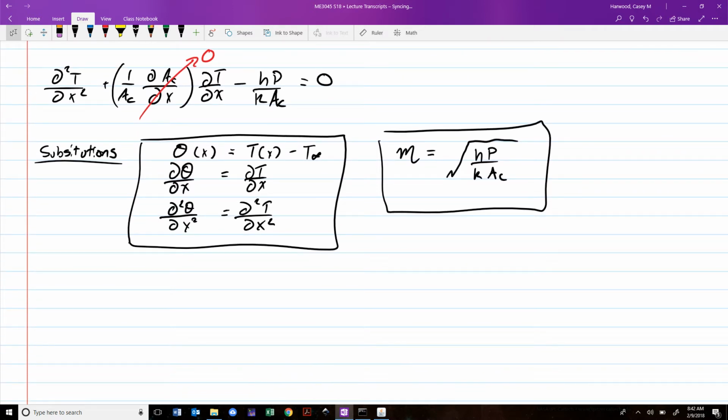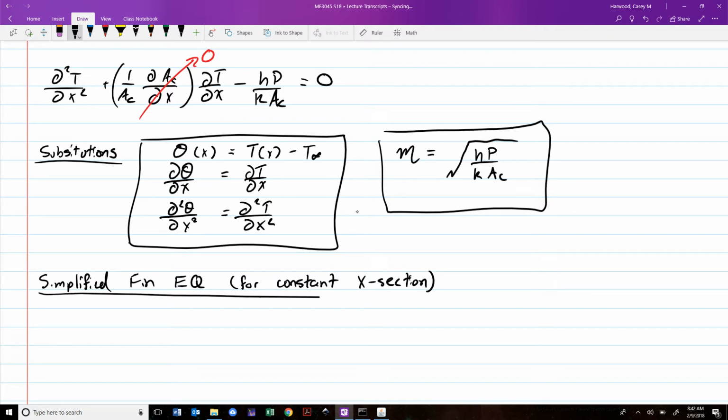If we plug both of these into the equation above, it consolidates our expression into the simplified fin equation for constant cross-section, which is d squared theta/dx squared minus m squared theta equals 0.